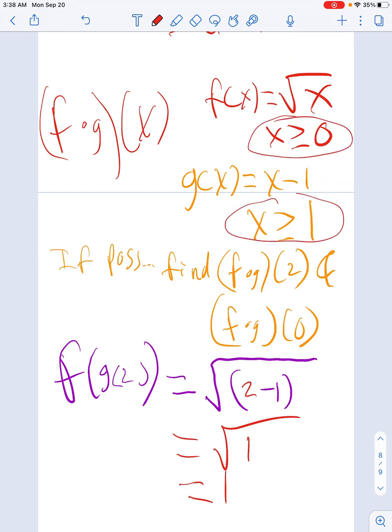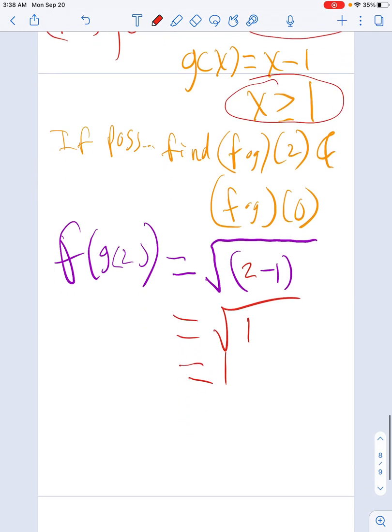Then I double check my domains, and that works. The domain for this is any number that's 1 or larger.